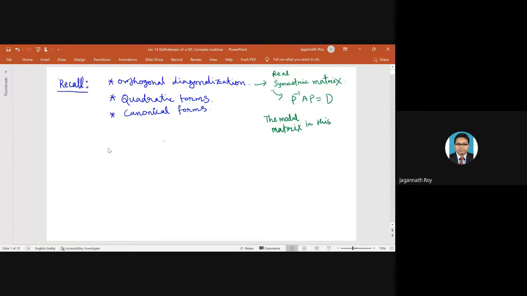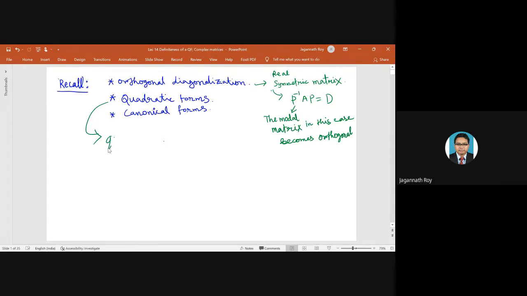In this case, P becomes orthogonal. And then we have seen the quadratic form.